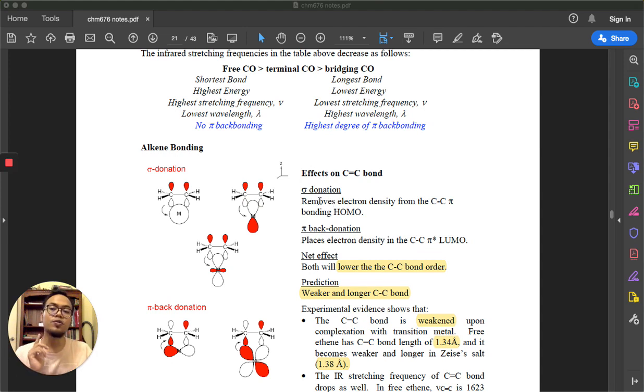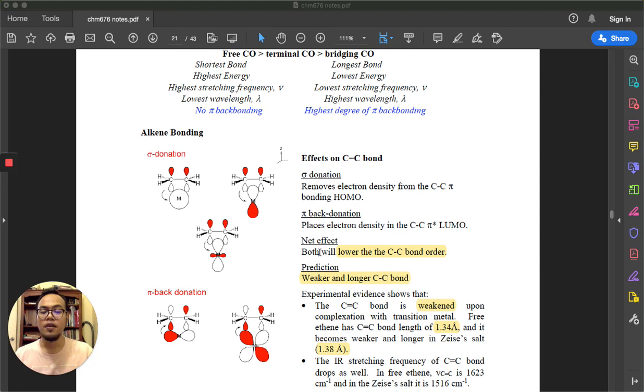Remember, we have two steps needed in order to form the complex. One is sigma donation, where the pi electrons are coming from your HOMO to your metal, and the second step would be the pi back donation, where the metal is giving back electrons to your LUMO, which is pi anti-bonding. Now, what would happen?